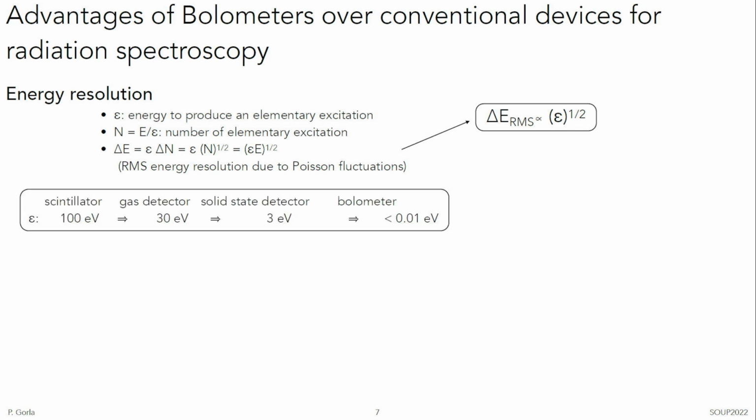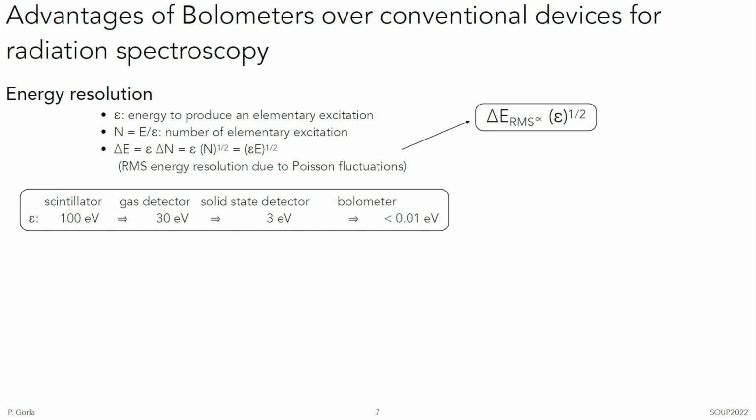This, of course, is under ideal conditions in which you are just dominated by this effect. In real detectors, you have many contributions to the energy resolution, and you end up with a final resolution that is still extremely good, but far from the theoretical limit of the Poissonian fluctuation of the number of carriers.